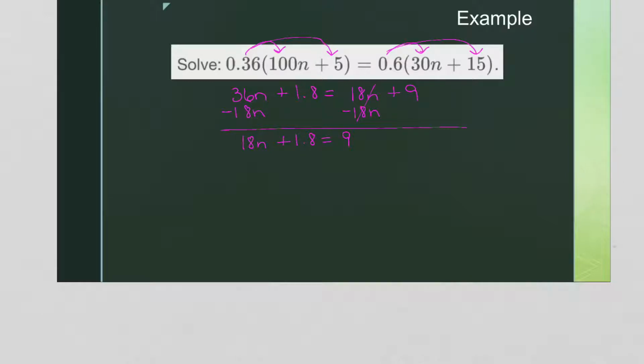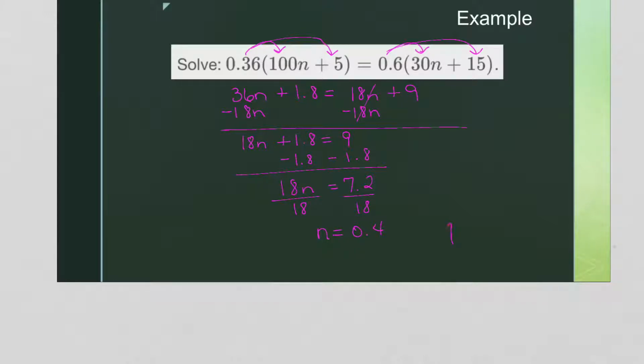And now I'm going to put my constants on the same side. And now I'm going to divide both sides by 18. And I get that n is equal to 0.4.